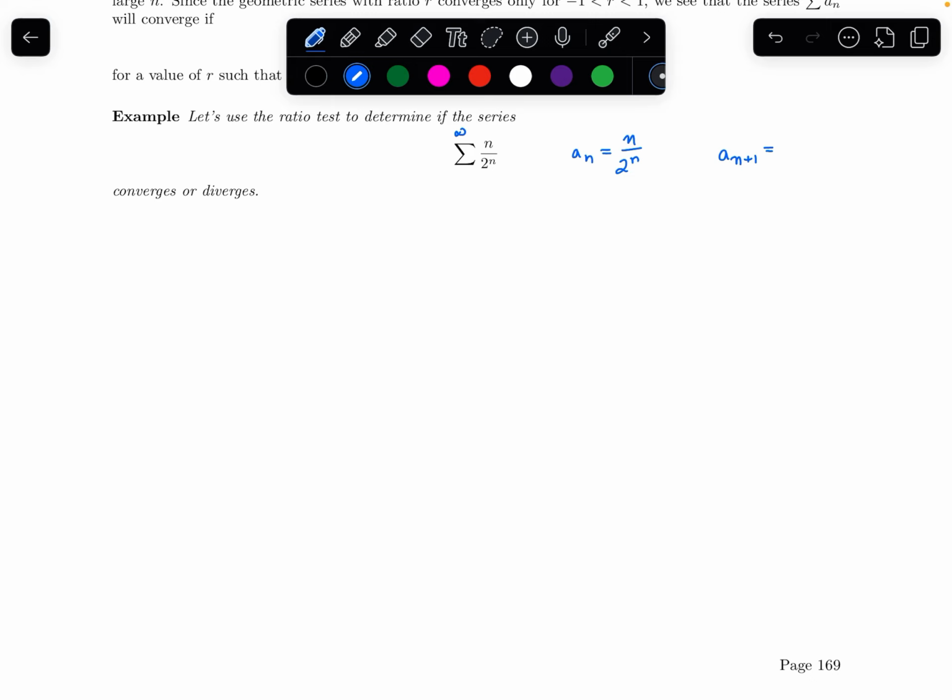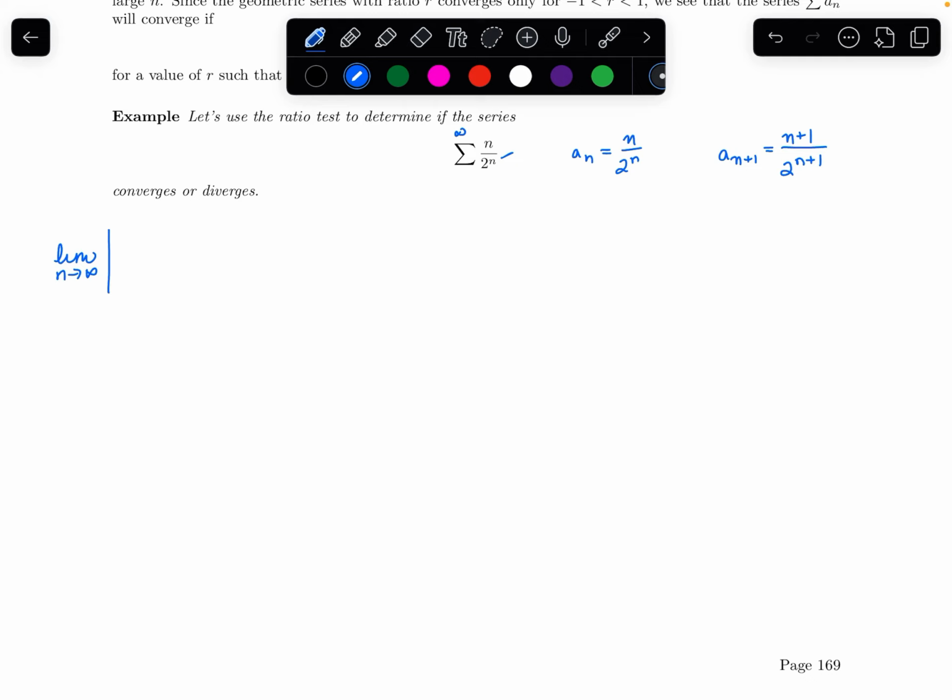For our n plus 1, all we're going to do is take all our n values and add 1. So n plus 1 over 2 to the n plus 1. And so for the ratio test, hopefully it works, we see this to the n power. And so what I'm going to do is take the limit as n goes to infinity, absolute value.